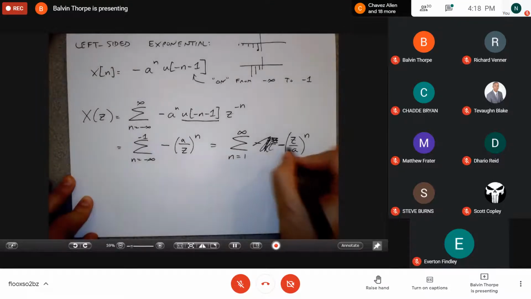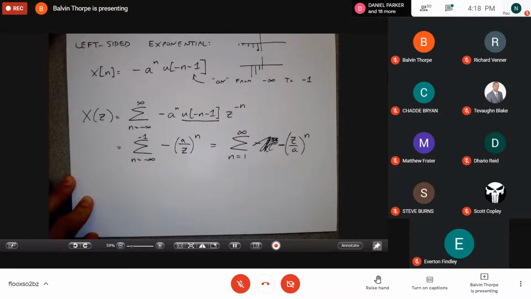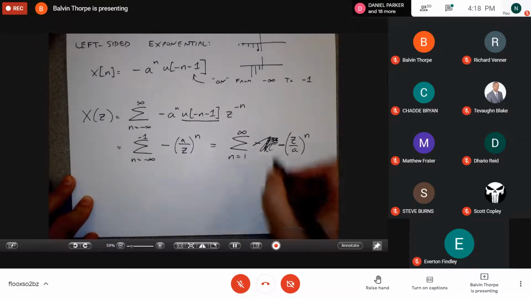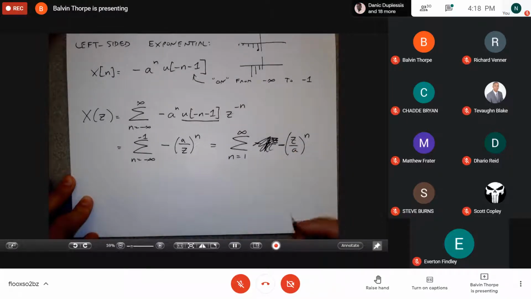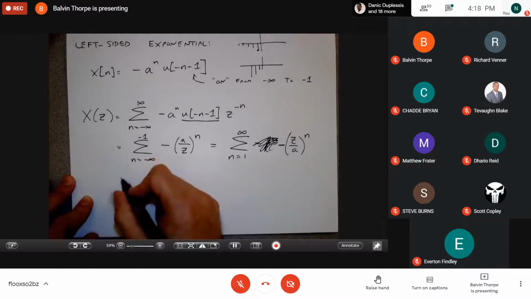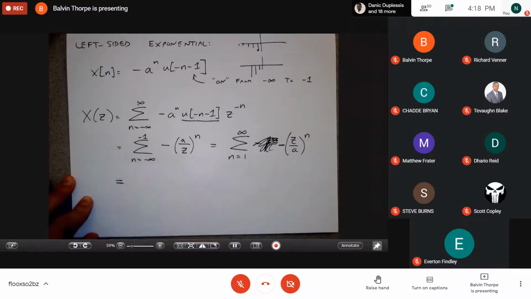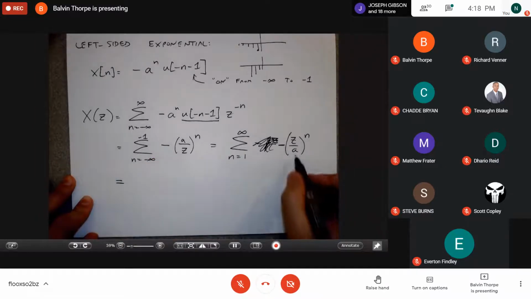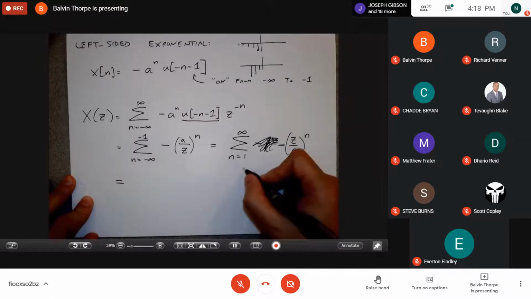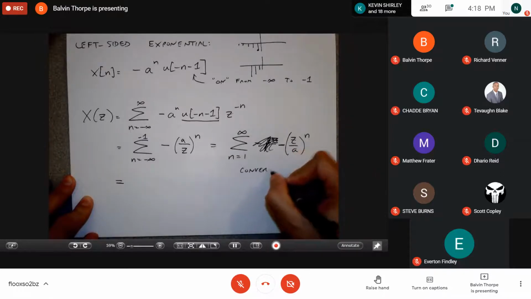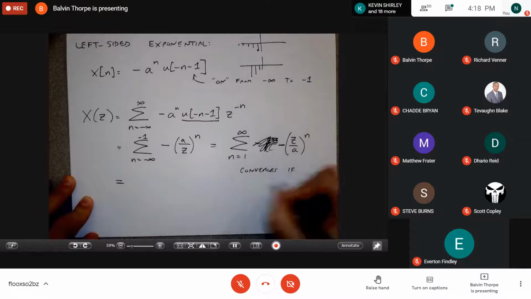And now, this is something that almost looks like a sum I can do. So first of all, again, when does this sum converge? This converges if the absolute value of z over a is less than 1.